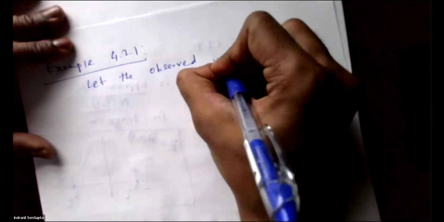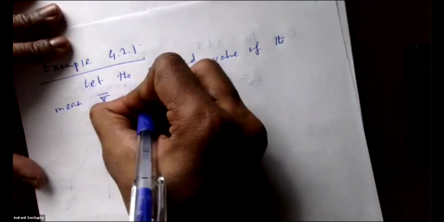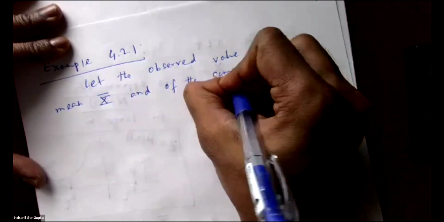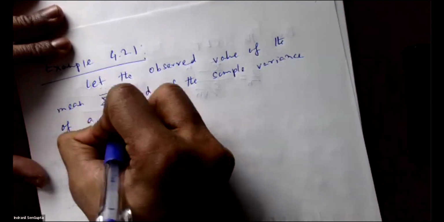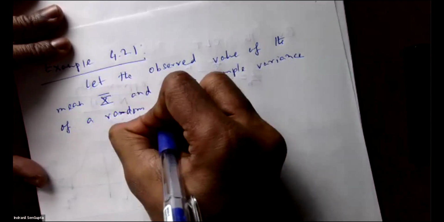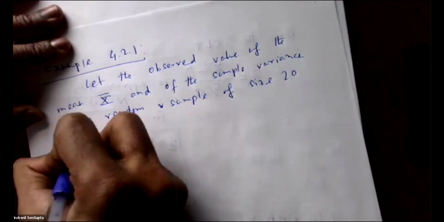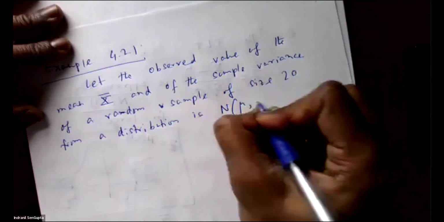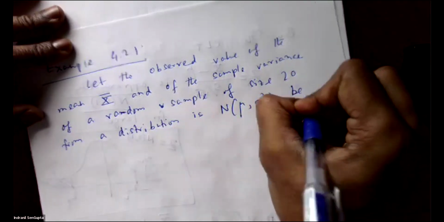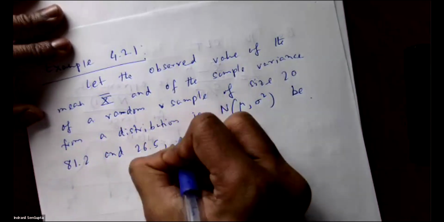Let the observed value of the mean x bar and of the sample variance of a random sample of size 20 from a distribution following a normal distribution with mean mu and variance sigma squared be 81.2 and 26.5 respectively.